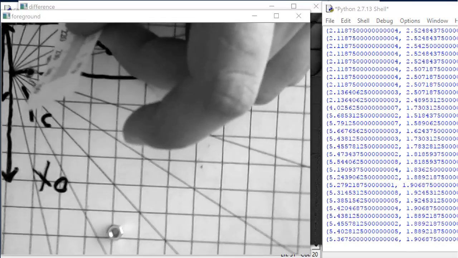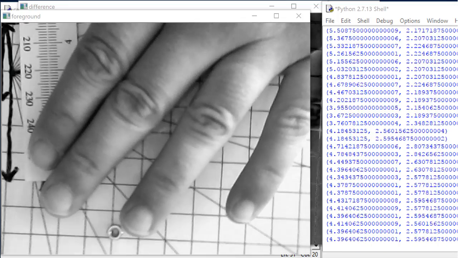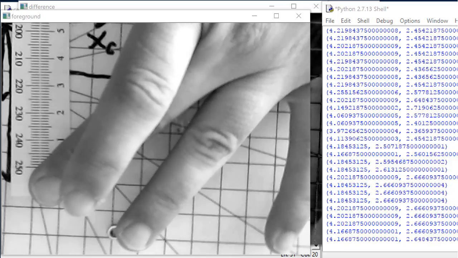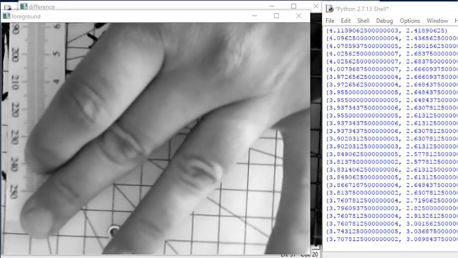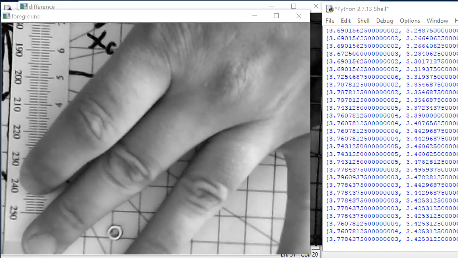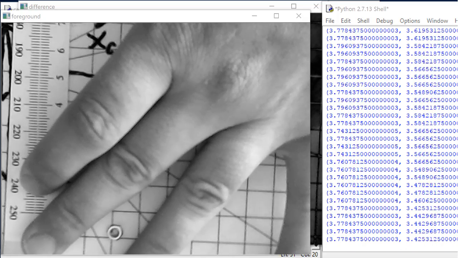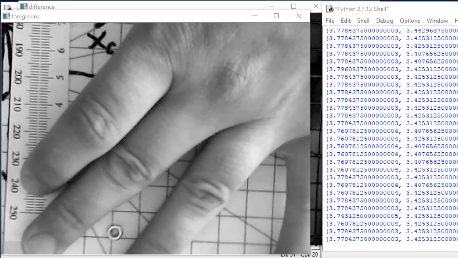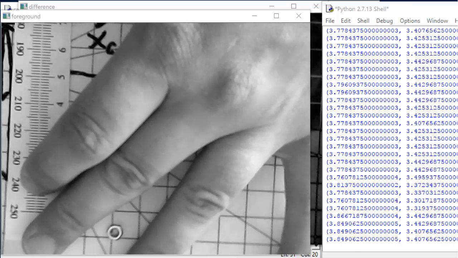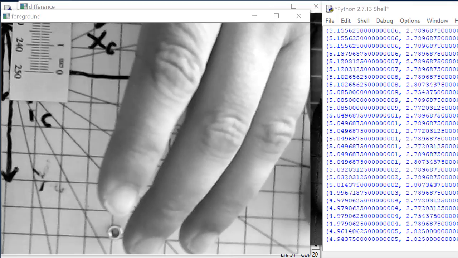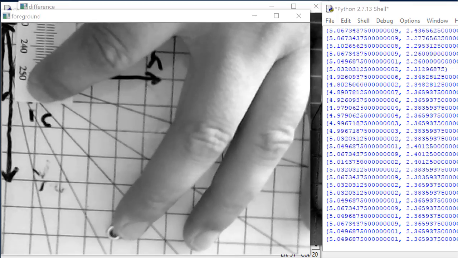I'm going to take my ruler and try to line it up really well with the x0 axis. And the x0 axis is right along one of the printed lines. So I'm lining up the ruler with the printed line. Now I'm going to slide the ruler up so that the 0 point on the ruler lines up with the center of the 0 frame.